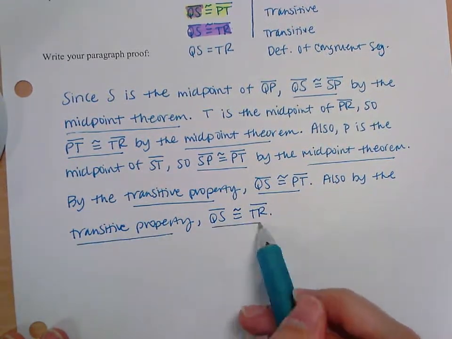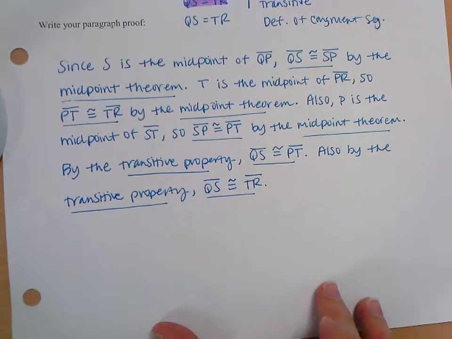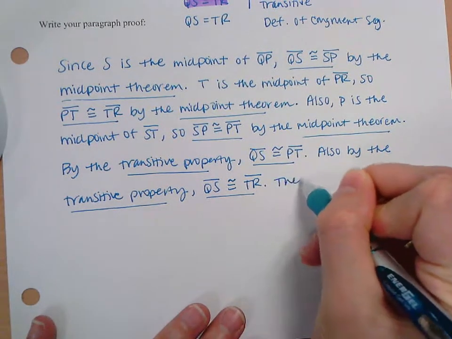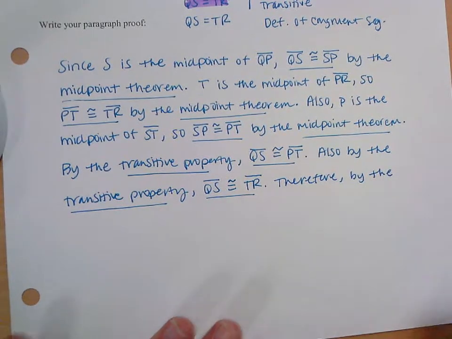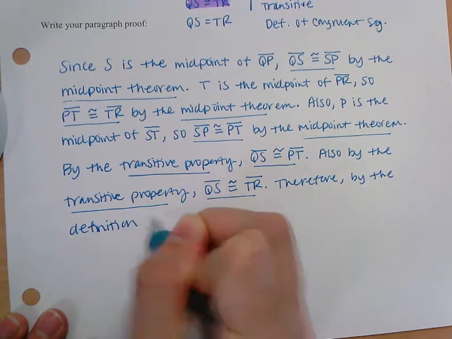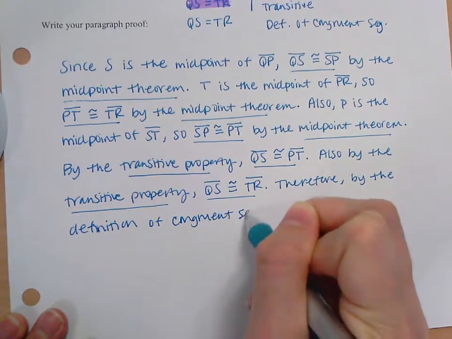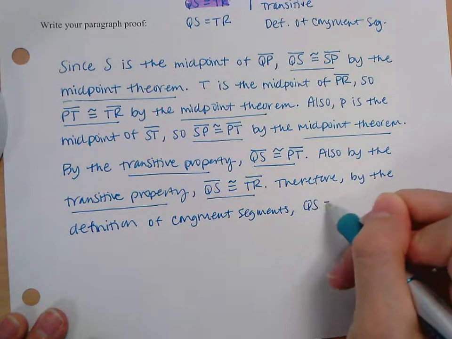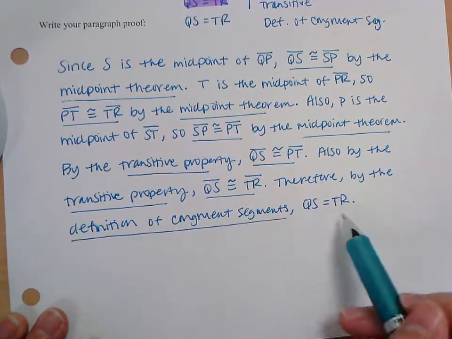So reason, statement. And then I've now gotten to my last line. So I can say, therefore, by the definition of congruent segments, QS is equal to TR. So reason, statement.